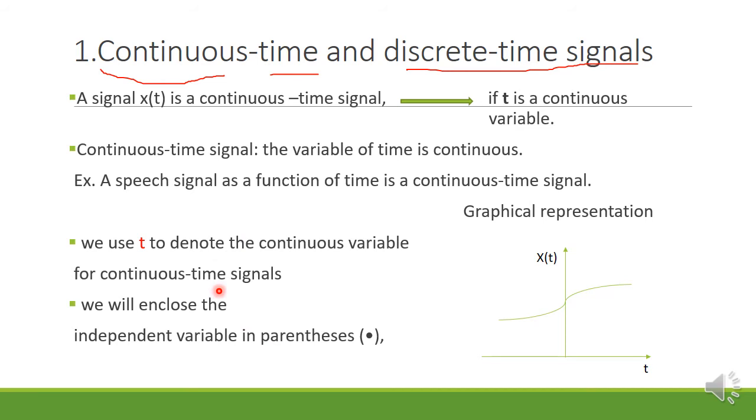Let us hope all of you understood what we mean by a continuous time signal. If the signal is represented as x of t, and t is a continuous variable, then x of t is called a continuous time signal.